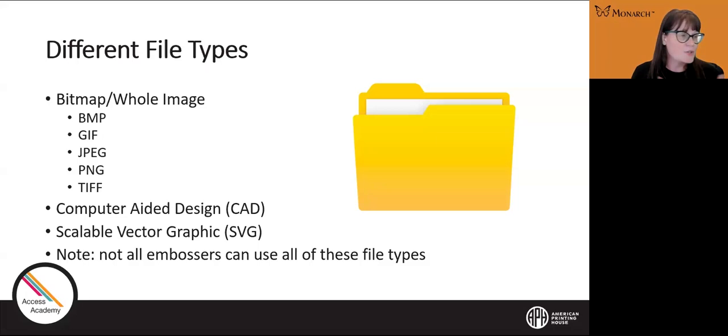So these are wonderful to work with when you are designing computer-generated graphics. Now note that sometimes embossers can read files that are graphics-based files, like BMP, GIF, PNG, or SVG file types. But in general, embossers typically take a different type of file type. These are all graphics-based.